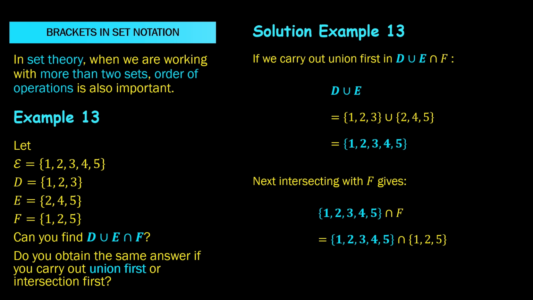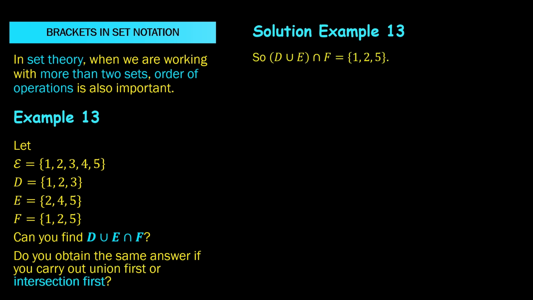To give us 1, 2 and 5. So we have that (D union E) intersect F equals 1, 2 and 5.